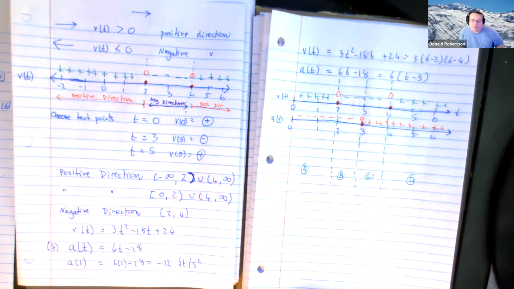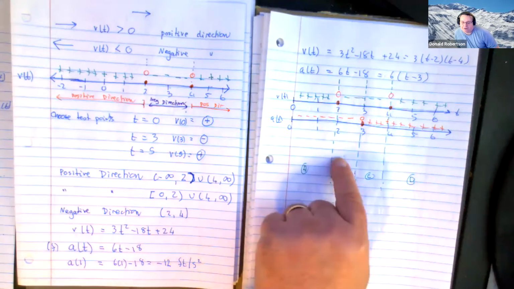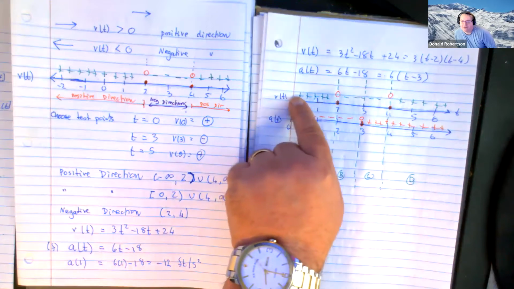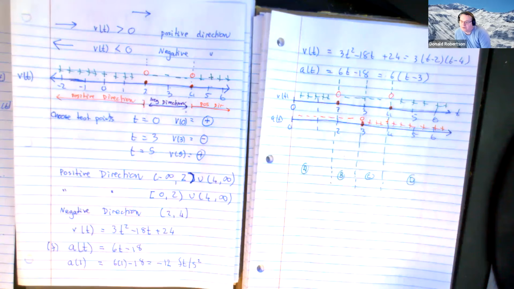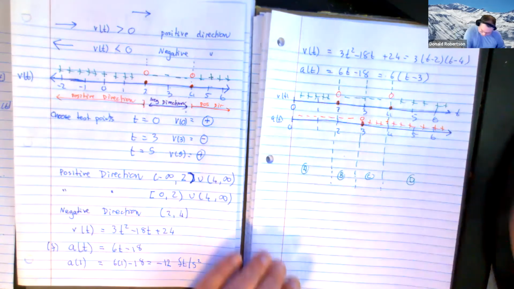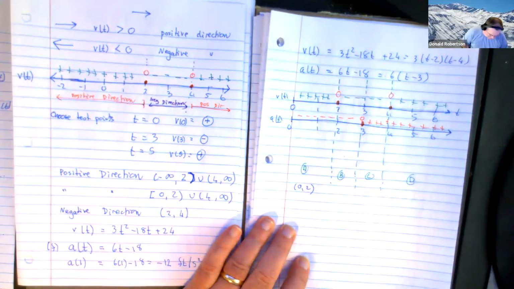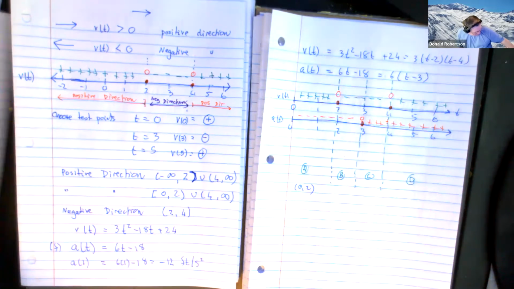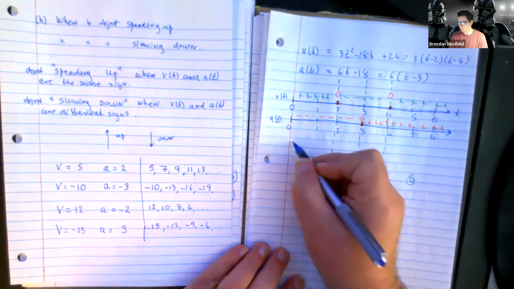Now let's see what's going on in each of these regions. In region A, from here to here, from 0 to 2 seconds, isn't the velocity positive and the acceleration negative? Speeding up or slowing down in that interval? Slowing. Yeah.